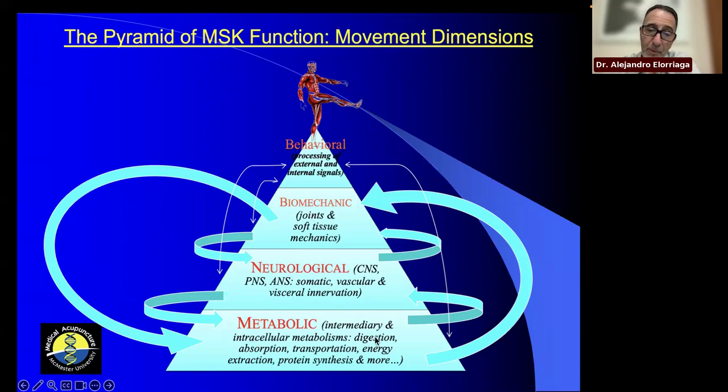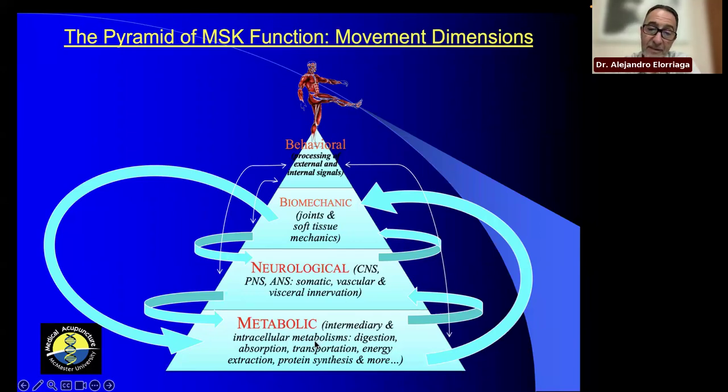Most problems manifest at a different level from where they originated. I repeat, most problems do not manifest at the same level where they were produced. So many things look mechanical, but they're really neurological. Many things look neurological, but they're really metabolic.